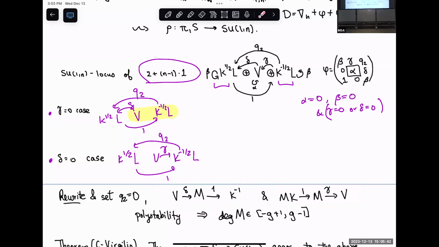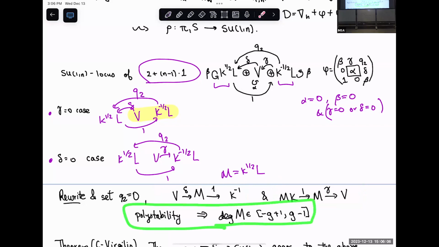Okay, so I rewrote them. Let me just say, delta goes to here, M is K^{1/2}L. A relatively straightforward computation shows you that polystability forces the degree of M to be bounded between minus (g minus 1) and g minus 1.